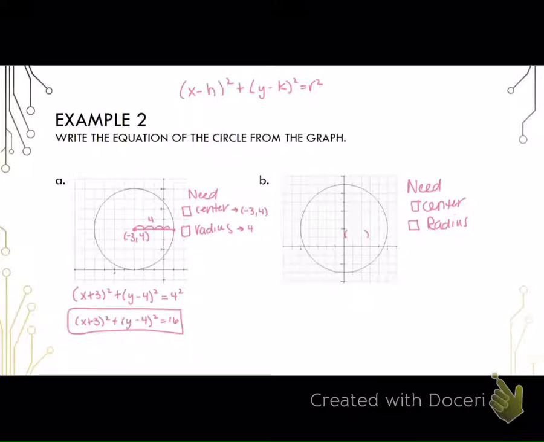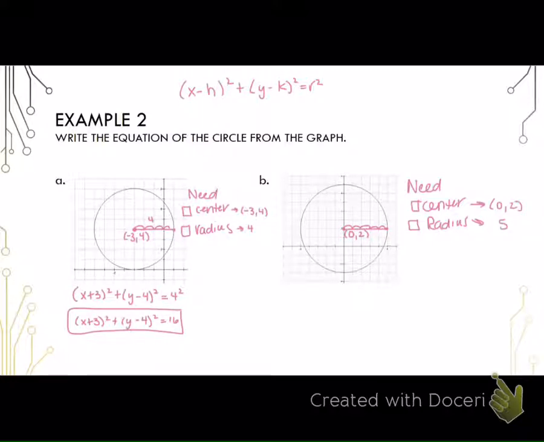So what is it as an ordered pair? 0, 2. Helena, what's my radius? 5. So we take a point on the circle and the center and we count across, and that is 5.